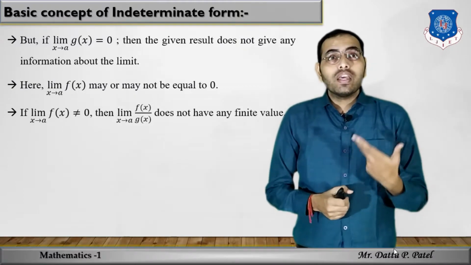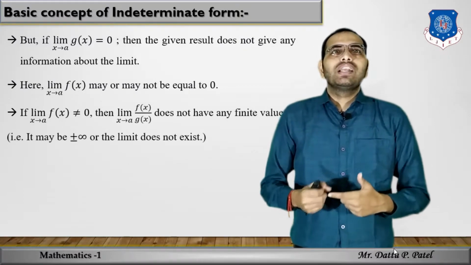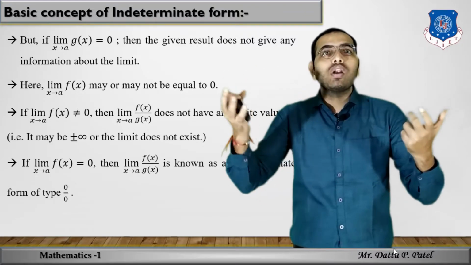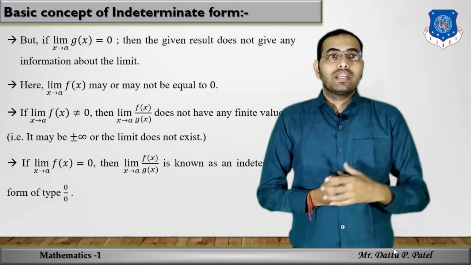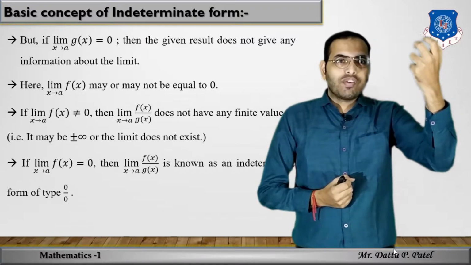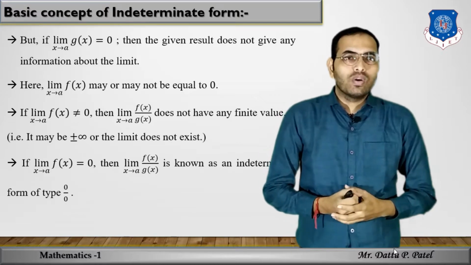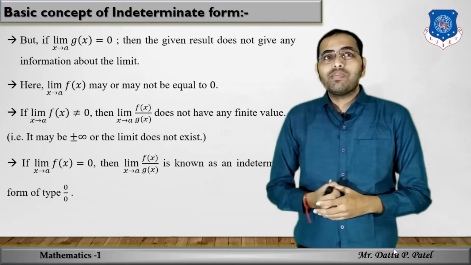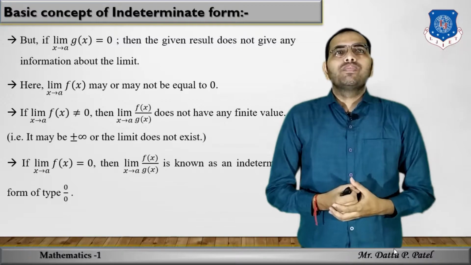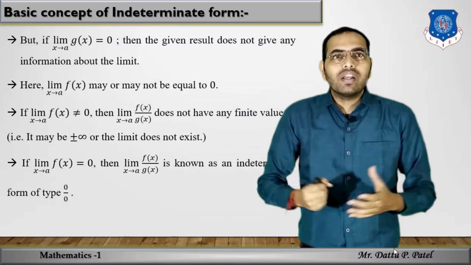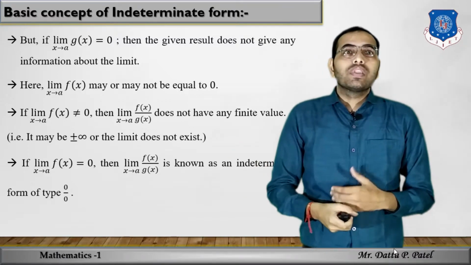But here the numerator portion, limit x tends to a f of x, may or may not be equal to 0. That means limit x tends to a f of x equal to 0 or not equal to 0. If the numerator portion is equal to 0, then we get the 0 by 0 form, which is our indeterminate form.